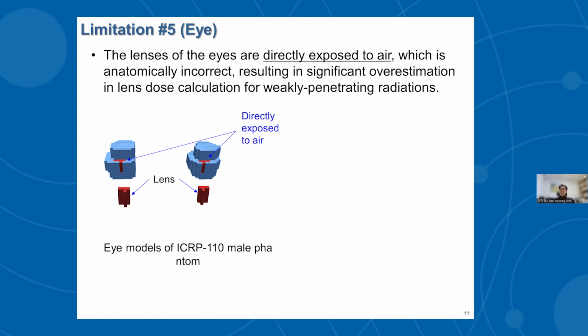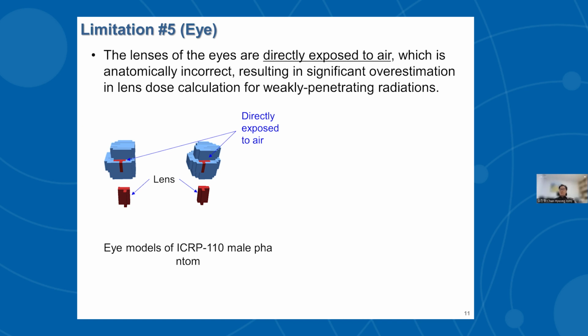This slide shows the eye models of the ICRP Publication 110 male phantom. Here the red color indicates the lens of the eyes, and you can see that the lens of the eyes are directly exposed to air, which is anatomically incorrect, resulting in significant overestimation in lens dose for weakly penetrating radiations.